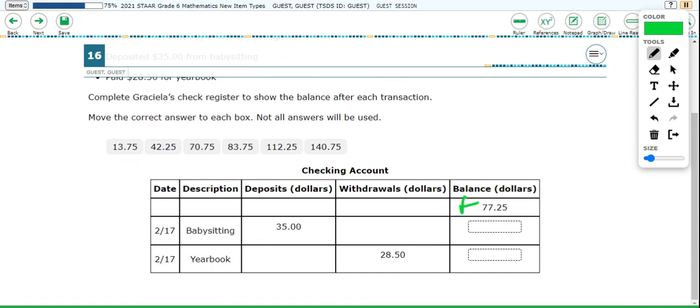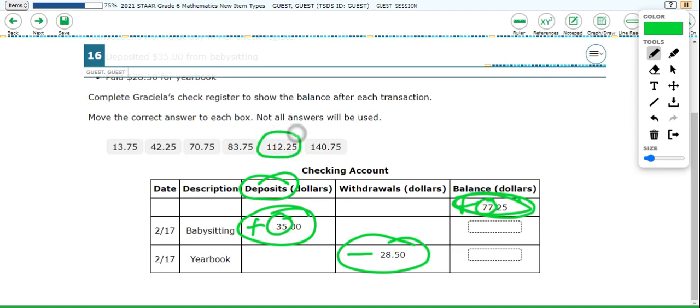And so we're starting with $77. We're going to add the deposits and then subtract the withdrawals. So 77 plus 35: 77 plus 30 is 100, 7 and 5 is 12, so it looks like we have 112. Then we need to subtract 28.50.